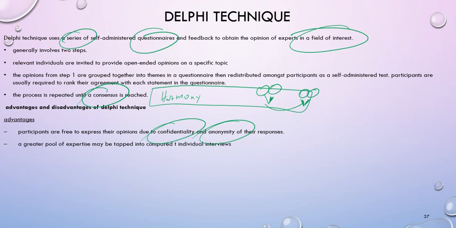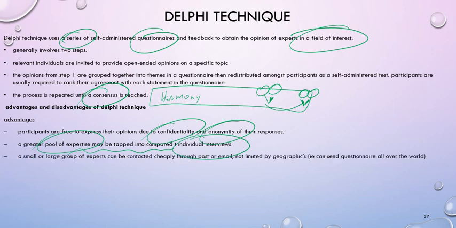It's a greater pool of expertise. It's not 6 to 8 people. And the data from these answers can be compared with the responses in the interviews, so we have more rich data.